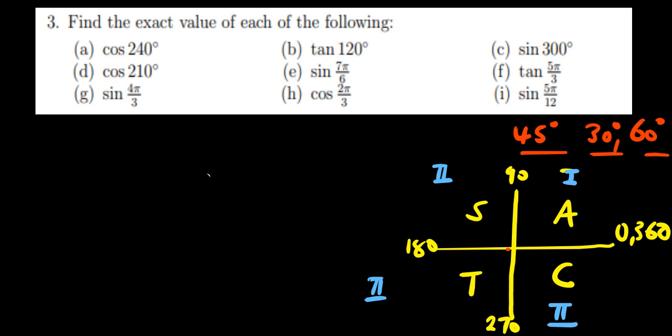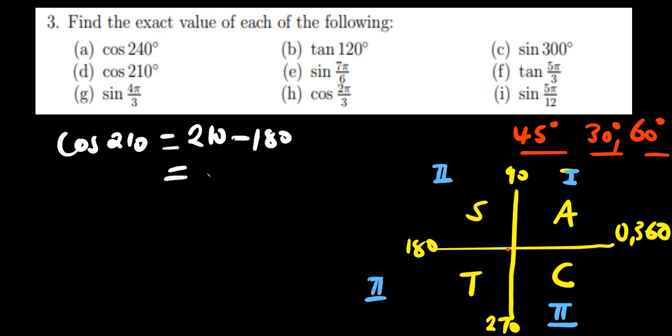Let's solve another one. Which one are we going to solve? Let's solve D as well. 210. So cos 210. 210 will fall in this quadrant. So what are we going to do? We're going to subtract 210 minus 180. What do we have when we subtract those?